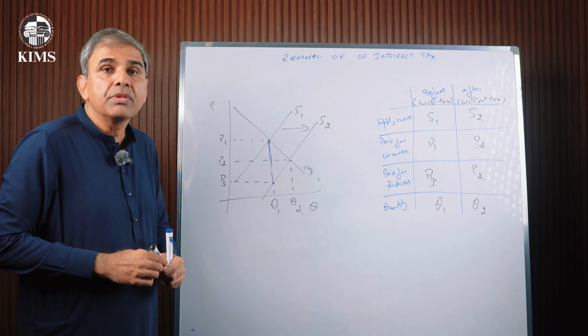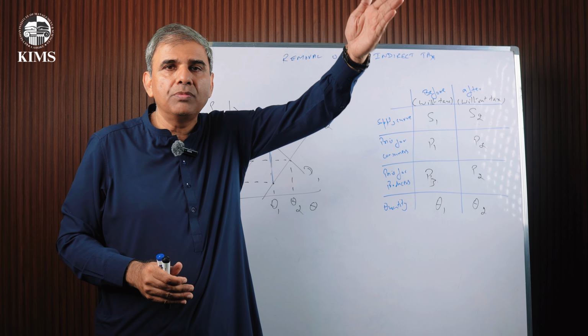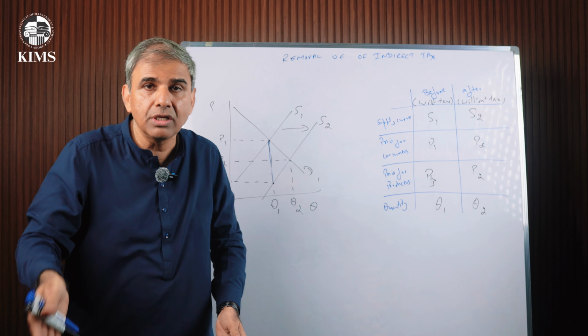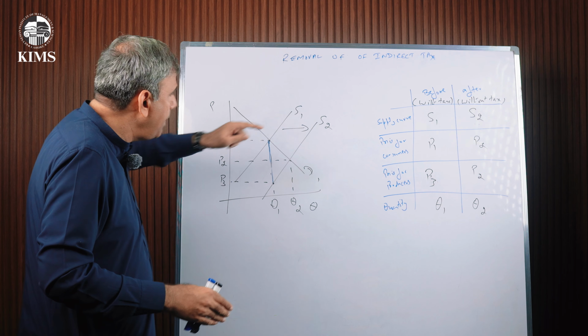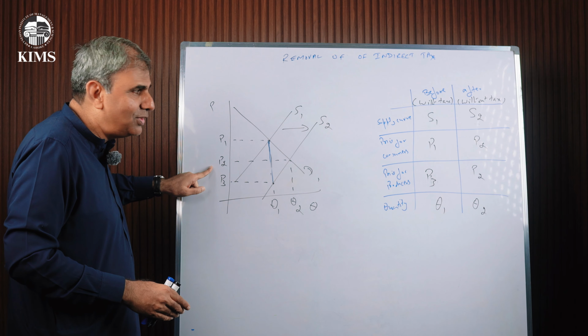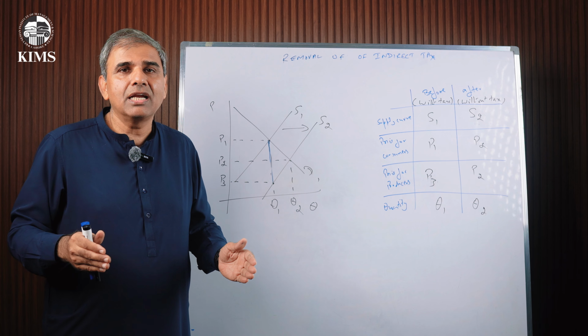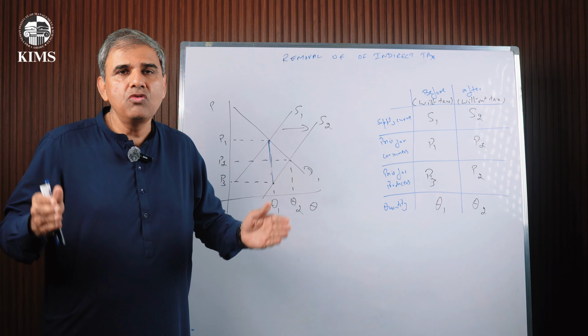So remember, when taxes are imposed, price rises for consumers and falls for the producer. But when taxes are removed, price falls for the consumer and rises for the producer. So this is how you need to draw a diagram to show the effect of removal of indirect tax.